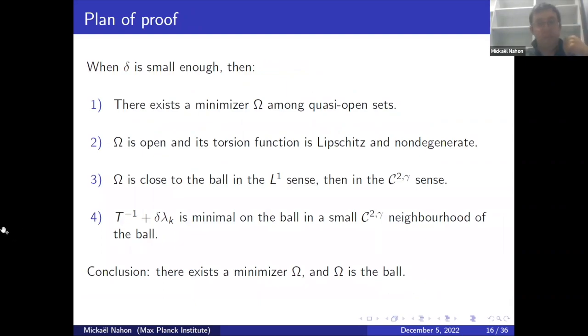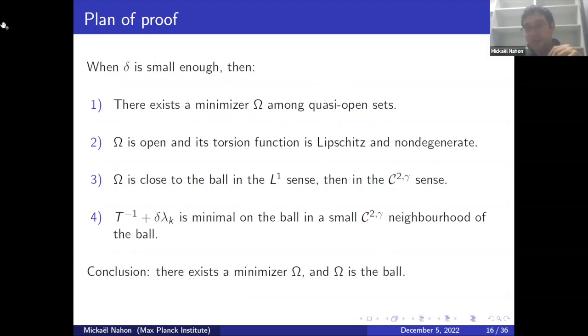So, okay, this is the plan of proof. In every step, you can add when delta is small enough every time. But basically, when delta is small enough, we first prove that there is a minimizer, but among a less regular kind of set, so among quasi-open sets.